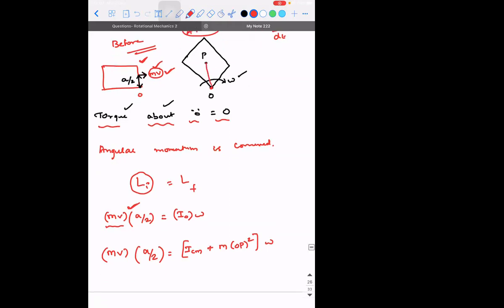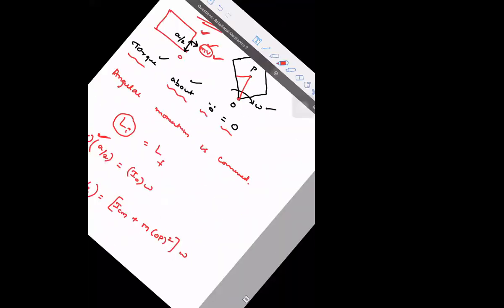So what is the distance between O and P, guys? A by root 2. Very good.